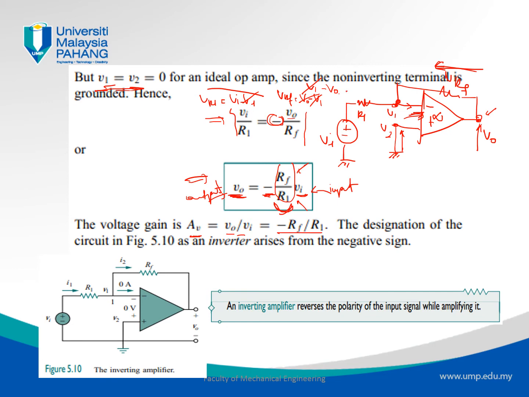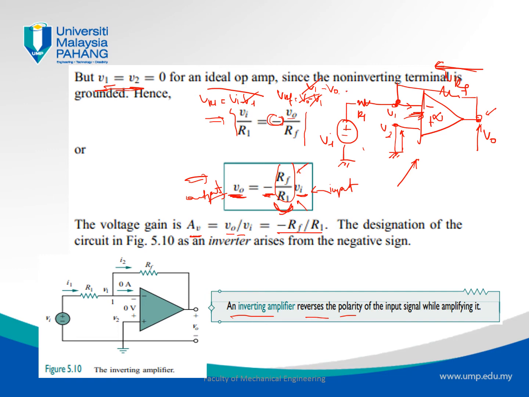This voltage gain, AV, is the gain that we get from this configuration of input and feedback resistance around the operational amplifier, right? That's why we call it an inverting operational amplifier. So to conclude, an inverting operational amplifier reverses the polarity.